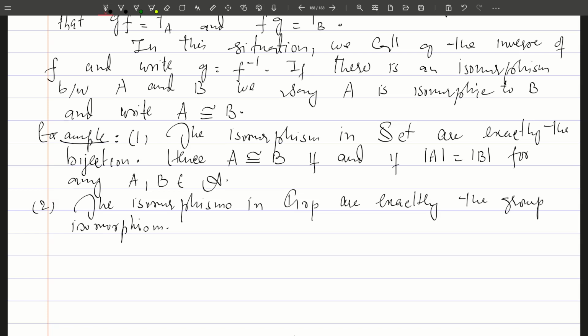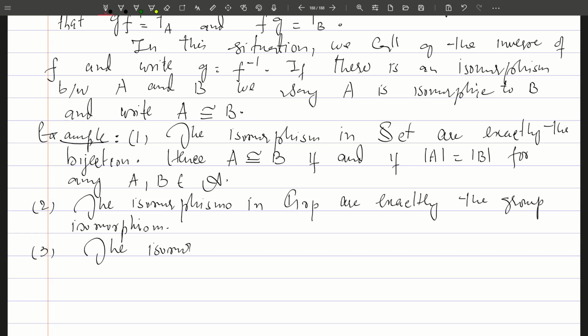So two groups in the category Group are isomorphic if they are isomorphic as groups, if there is a group isomorphism between them. Let us take the third example. Now the isomorphisms in the category Top, the category of topological spaces, are the homeomorphisms.